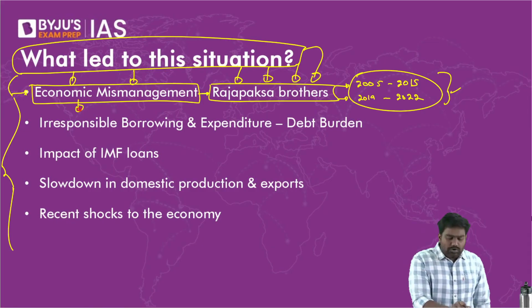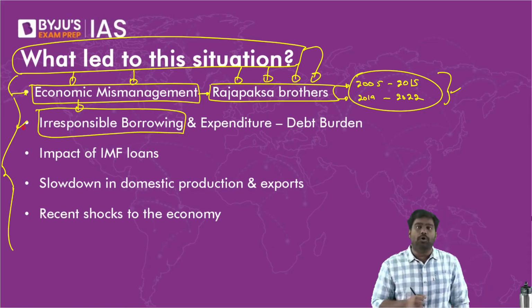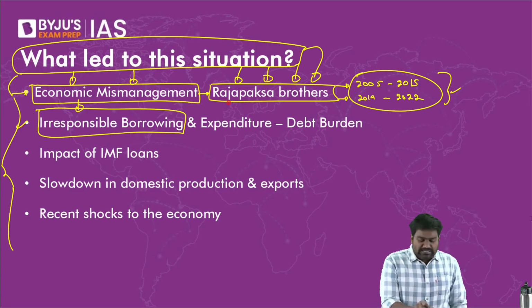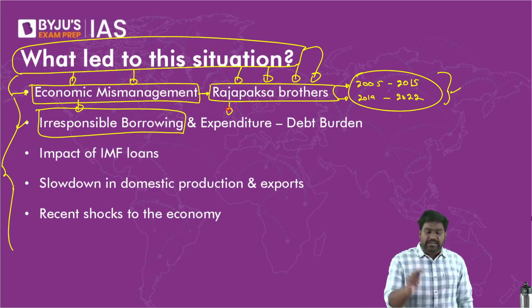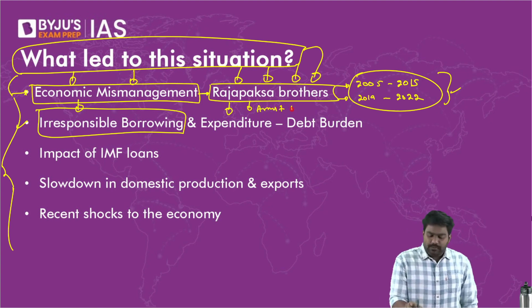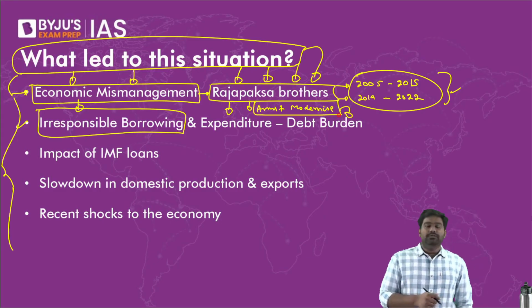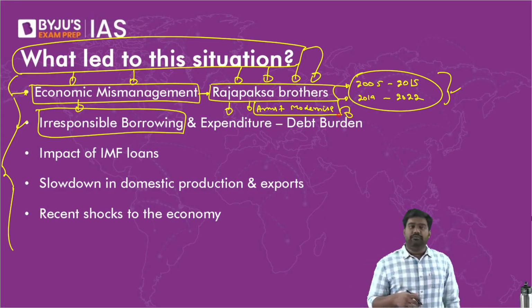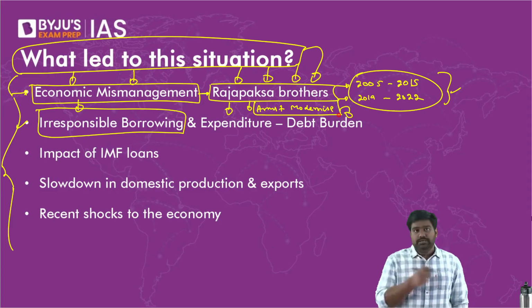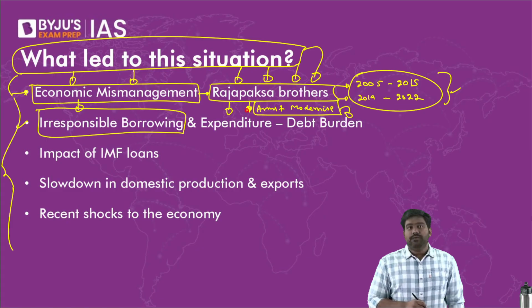Essentially, they borrowed irresponsibly, starting right from the last phase of the civil war. When Mahinda Rajapaksa declared the war against the LTTE to eliminate the group, Sri Lanka procured massive arms and tried to modernize its armed forces beyond what was needed. This massive weapons procurement from China and other sources put the Sri Lankan economy under severe stress.